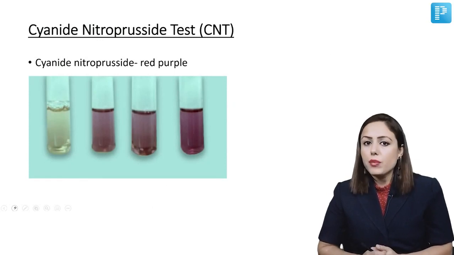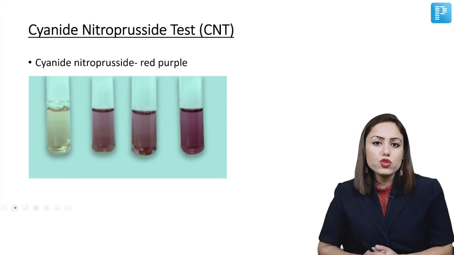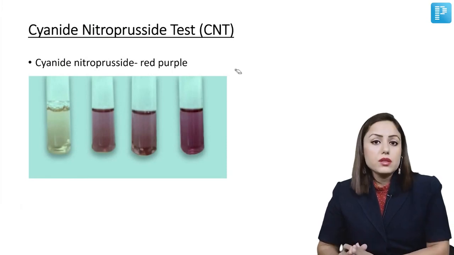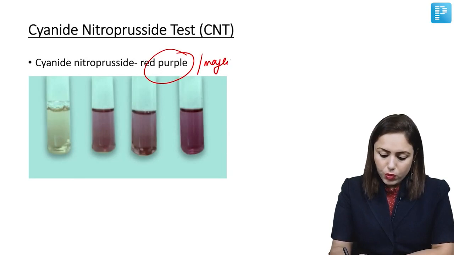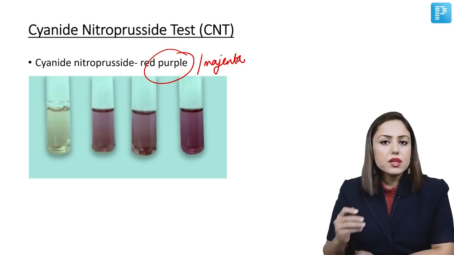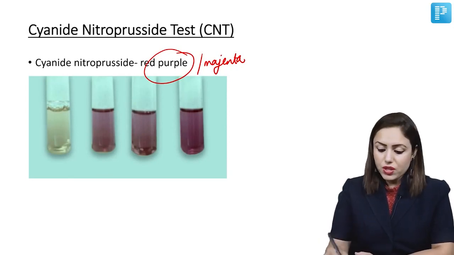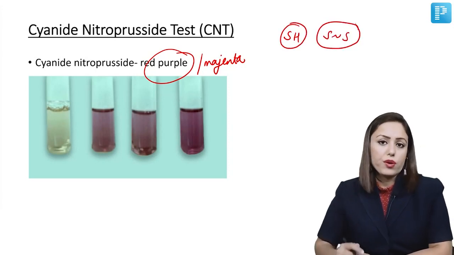Then next, coming to CNT test, that is cyanide nitroprusside test. The positive test is purplish, or to be more precise, magenta color, and this test is positive for any substance containing sulfhydryl group or disulfide bond.